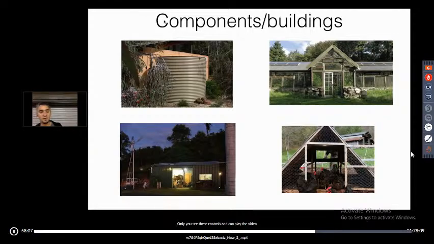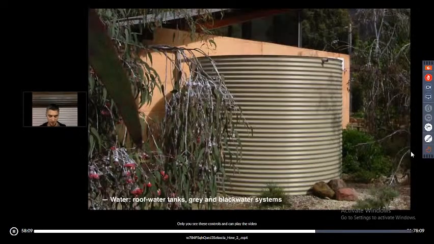Okay, so the components. The first one, of course, if you're starting from the house, is creating a water system. Again, water first. So the water system for the house, and that means positioning the water tanks around the house, or maybe putting them in the ground, depending on winter temperatures.